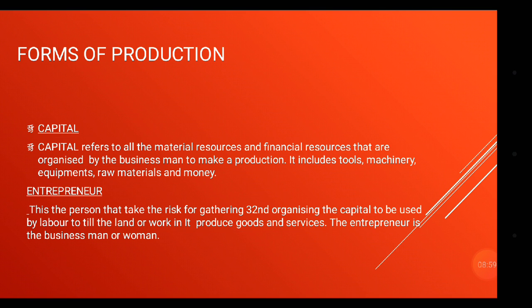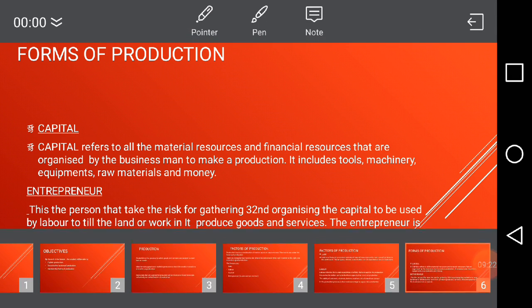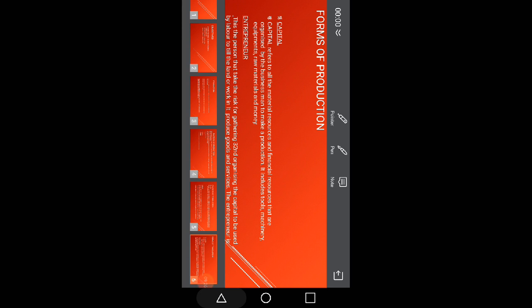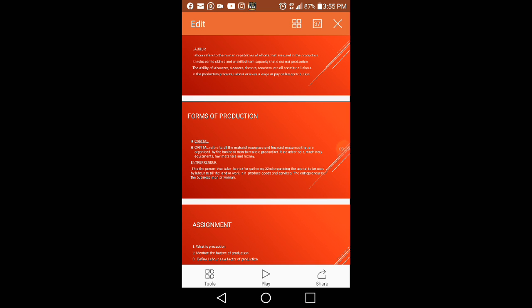Then if you have a capital, you have the labor, you have the land, and you don't have somebody who is ready to take the risk to put all these things together and invest their money, then there can't be a production.